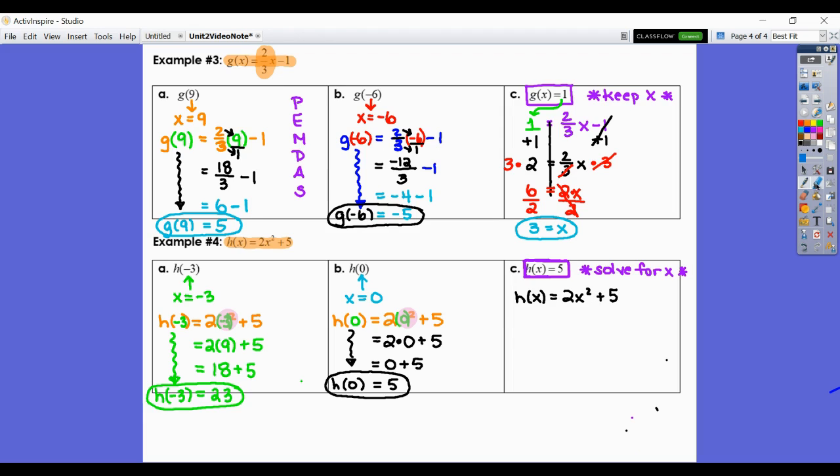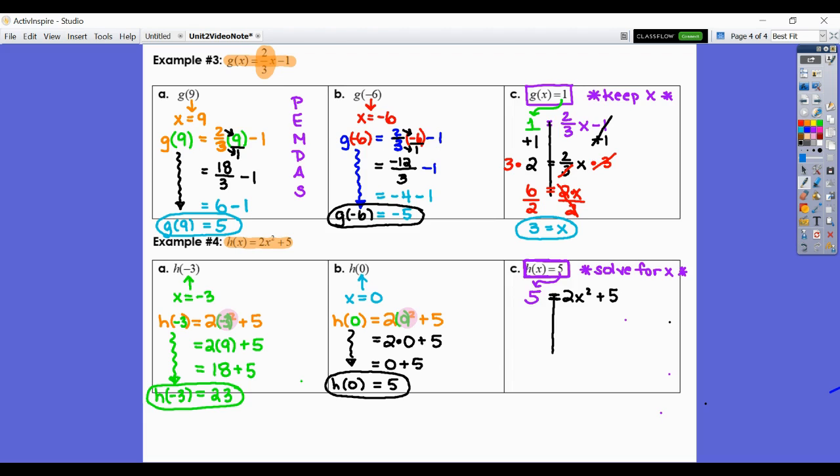I don't know what x is because x is still in the parentheses. So what I need to have now is the h of x equaling 5. That equals 5, so I erase that whole h of x and replace it with what it's equal to, which is 5. I don't know x, but I do know h of x equals 5.